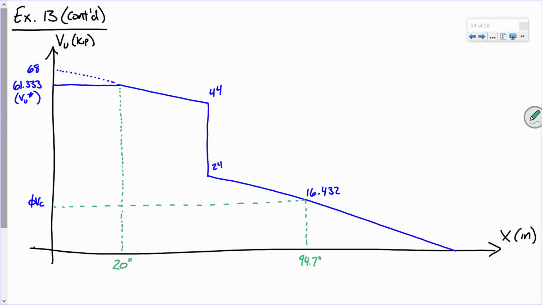And then that's 119.4 inches, and that is half of PVC, and this is, was it 8.216?